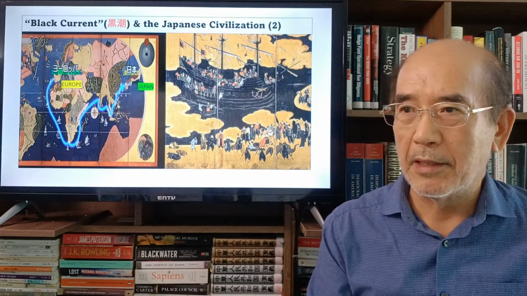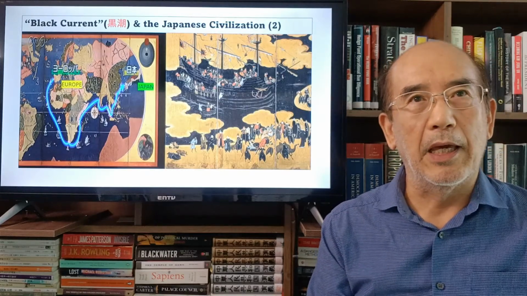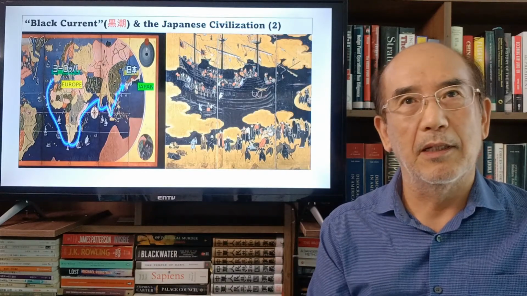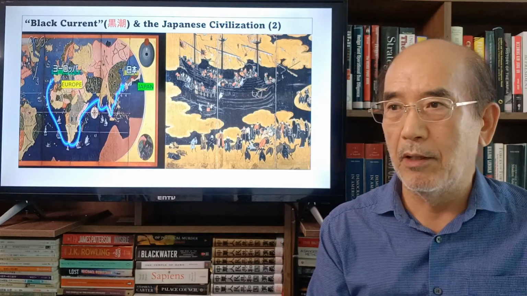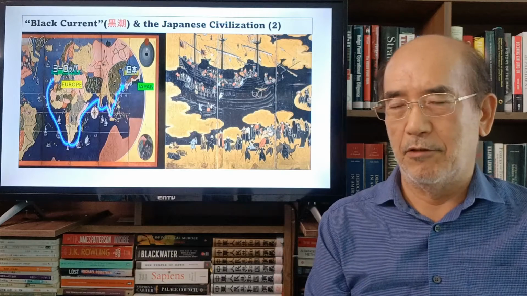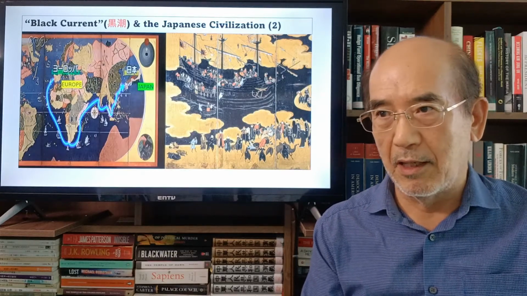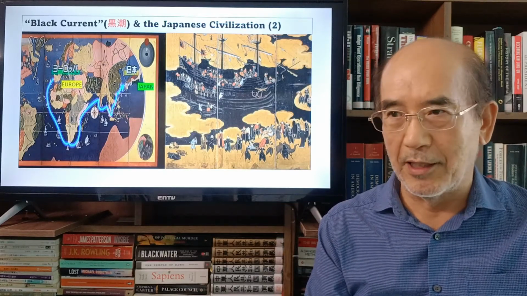Here, if you look at the map on the left, we had the age of discovery, or the age of sail, in the 15th through 17th century, where great sailboat fleets from Portugal, then Spain, then the Netherlands and England, they all sailed. They wanted to sail to China.